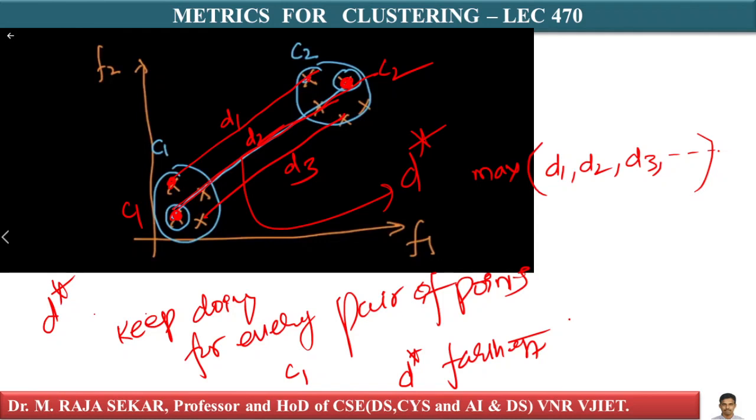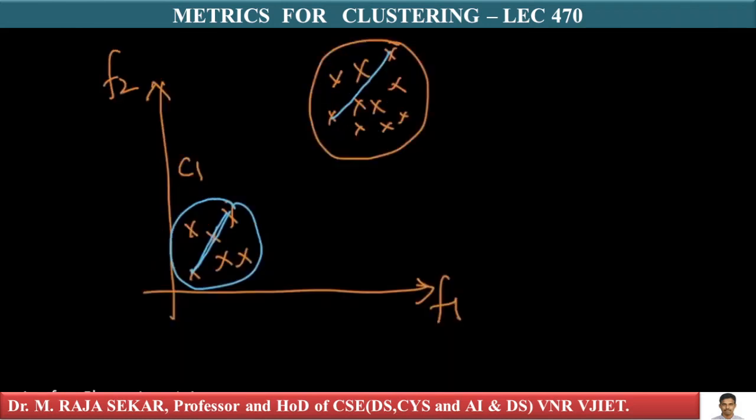What about the denominator? The denominator says within a cluster. Within cluster C1, this is the farthest distance. Similarly, in cluster C2, this is the farthest distance.